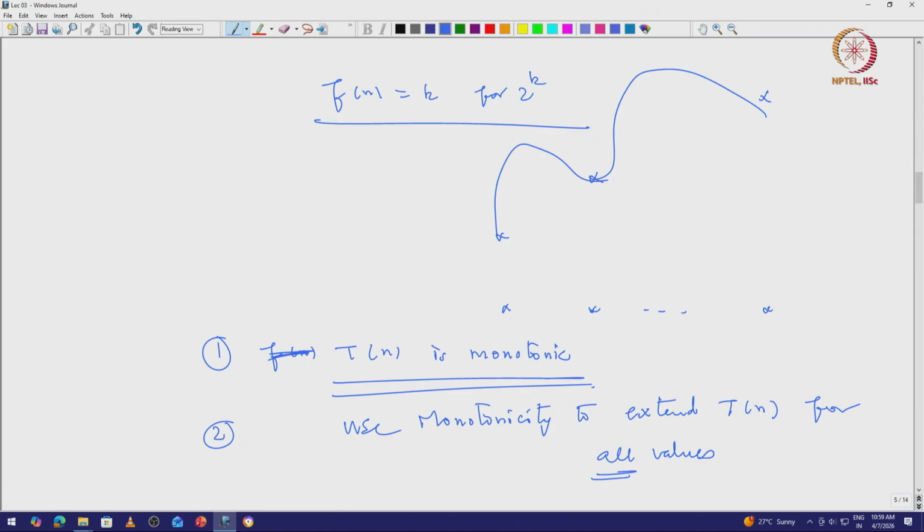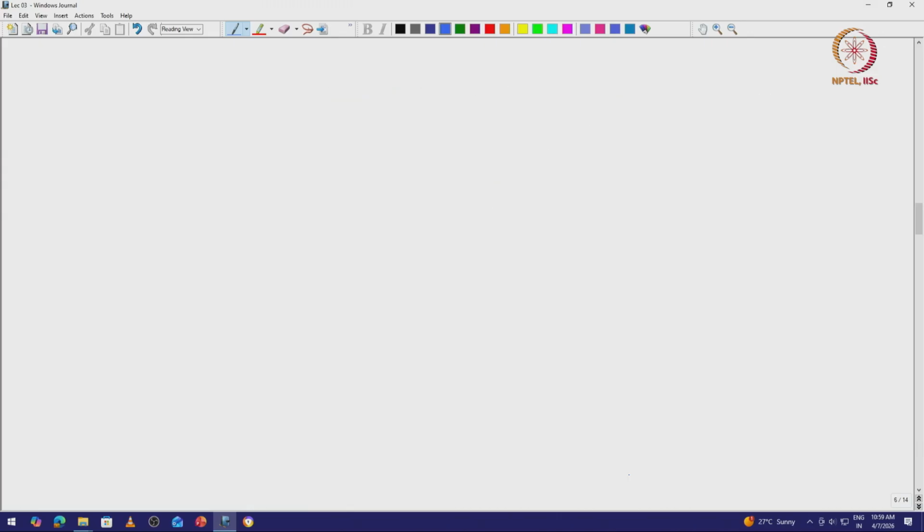Earlier you had T of n only for powers of 2. So, let us first prove the monotonicity. How to prove that T of n plus 1 is greater than or equal to T of n? This is monotonicity. How do we prove this?